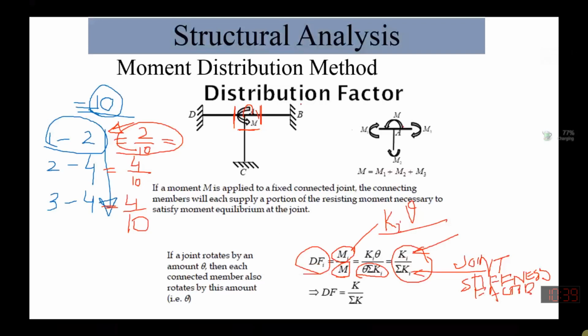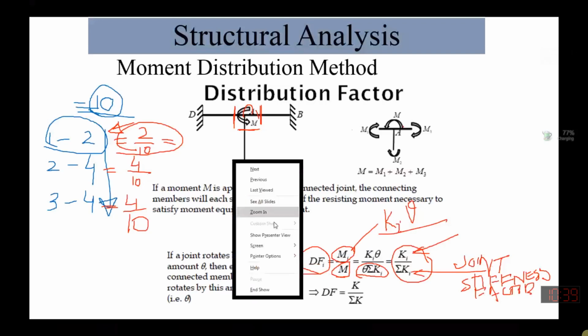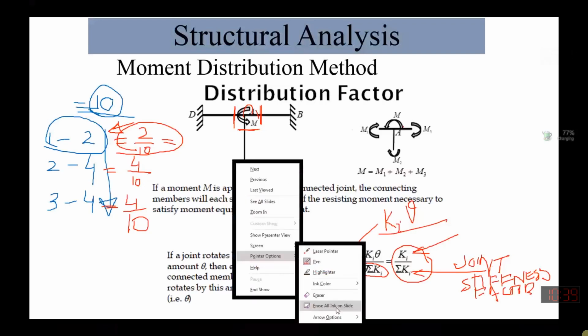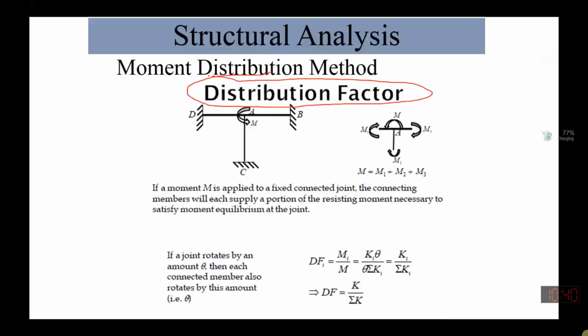Can anybody repeat the definition of the distribution factor now? Can anybody explain this? The moment on the joint distributed to the adjacent member. Beta, what is your roll number please? 86. Mobeen.